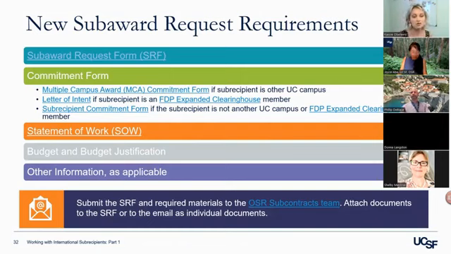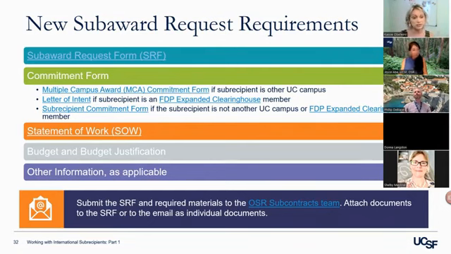Now, there are 3 different versions, if you will, that you might need to use. And if your subrecipient is another UC campus, if it's UC Berkeley, UC Davis, UC Irvine, any of the other UC campuses, the commitment form is the MCA, and it's required at proposal stage and at the award issuing stage.